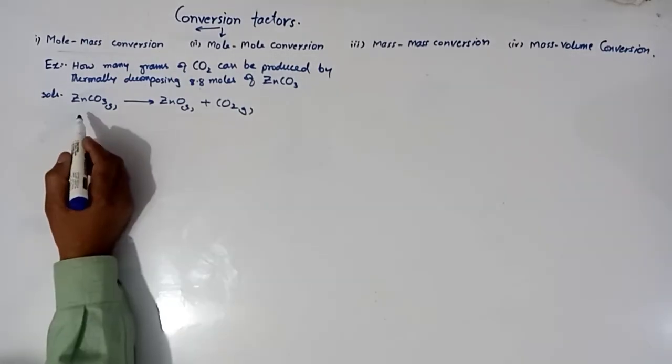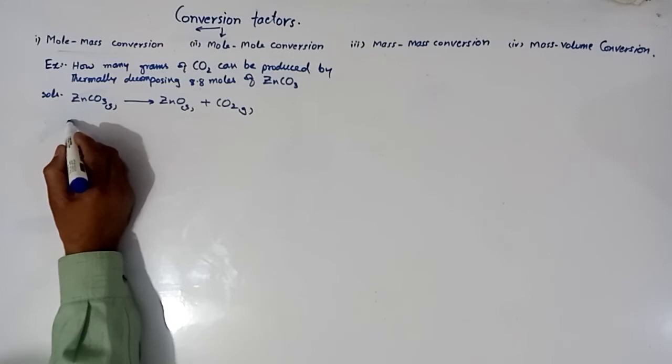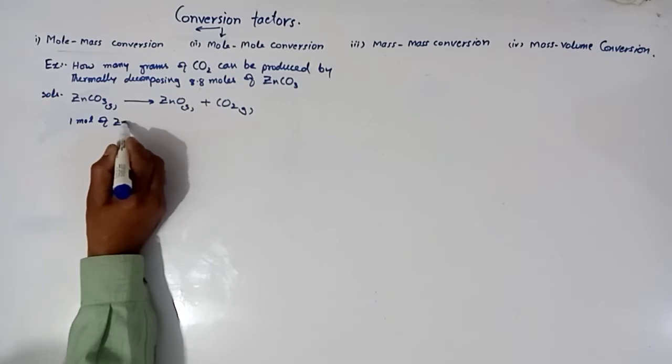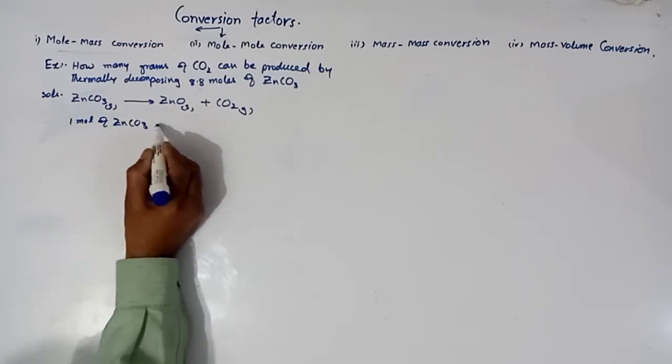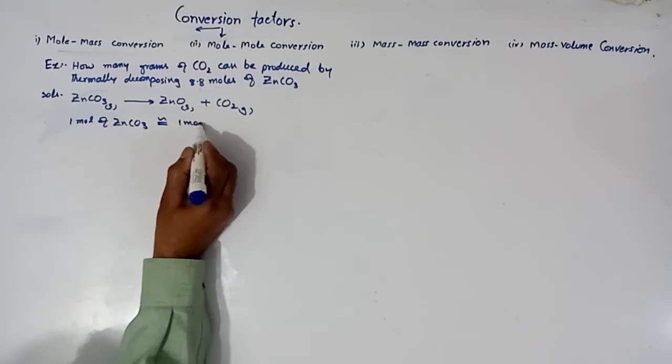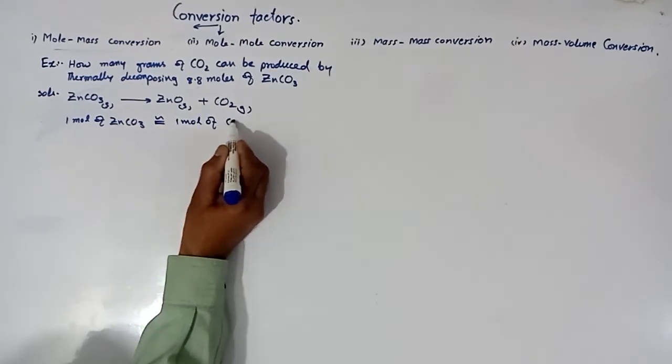Thus, from the balanced equation, we can write 1 mole of zinc chloride approximately gives 1 mole of carbon dioxide.